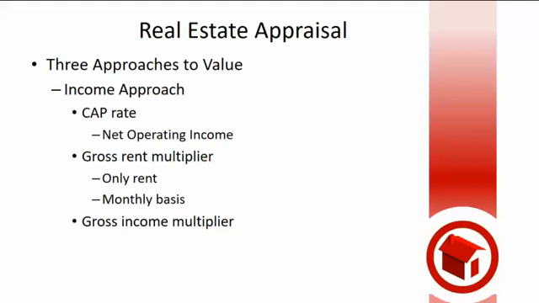Assuming all those are true, please tell me the value of this property. 5 units. Each unit's paying $500 a month. The expenses are $10,000. The appraiser knows it's a cap rate of 8%. What does the appraiser's value come out to be?